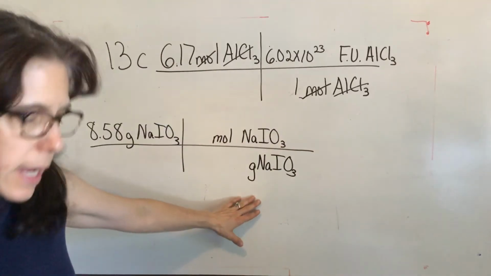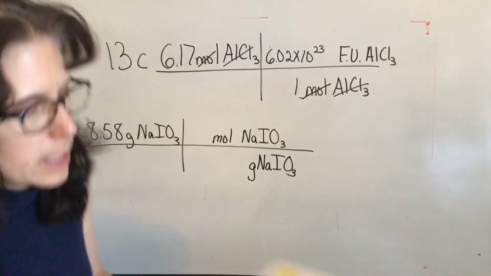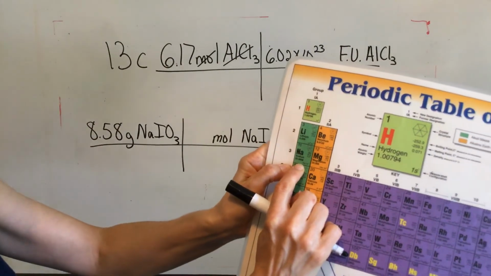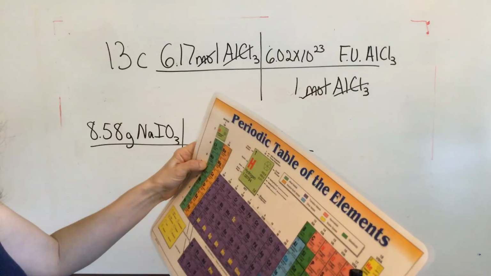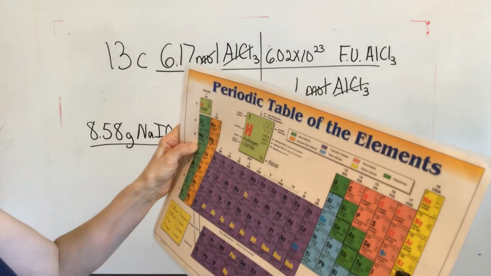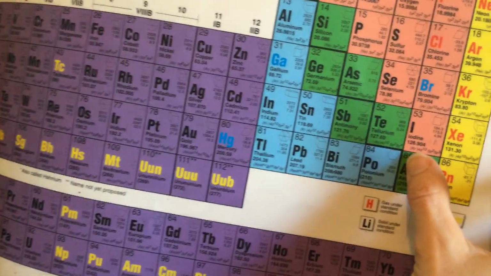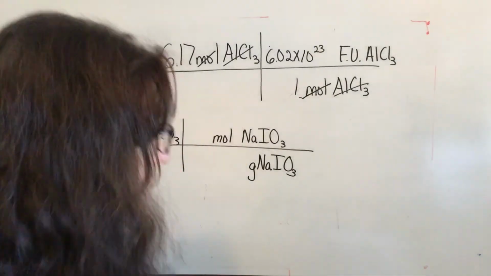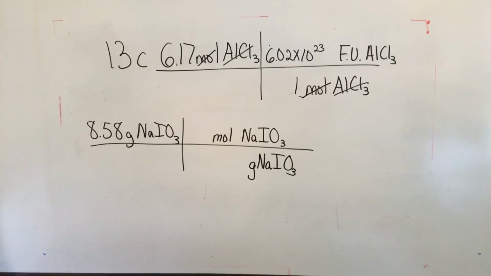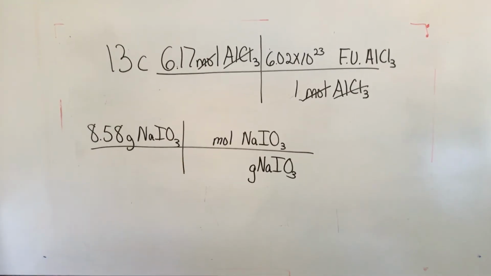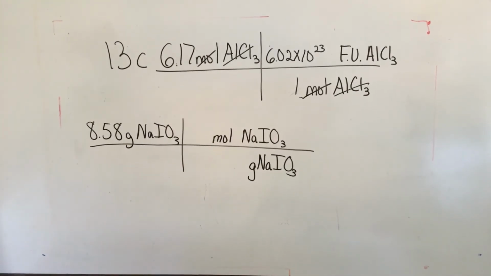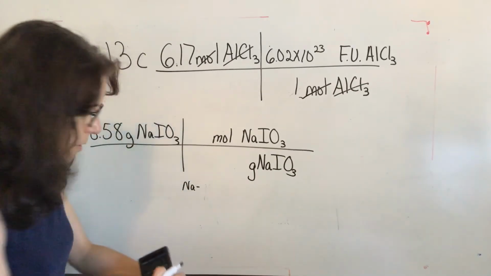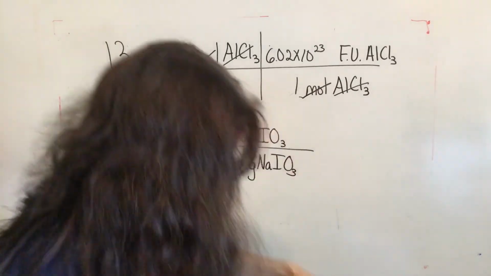We need to use the periodic table. Now I could go ahead and solve it, it's just going to take a little bit of time. We need to add up sodium, 22.99, plus iodine, 126.9, and oxygen, 16 times 3, which is 48. We need to add all that together and put the solution right there. So let me grab my calculator.